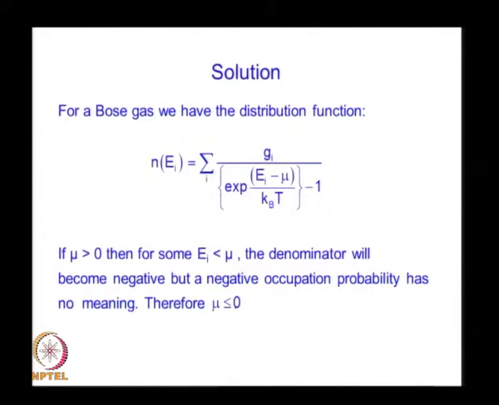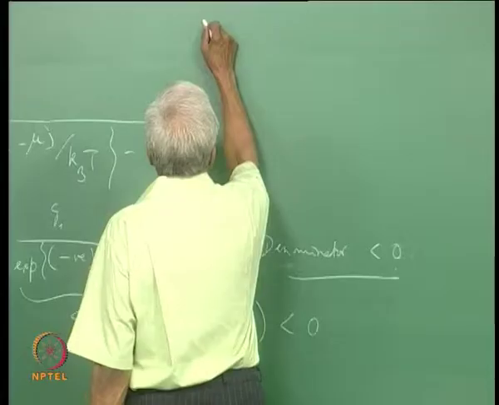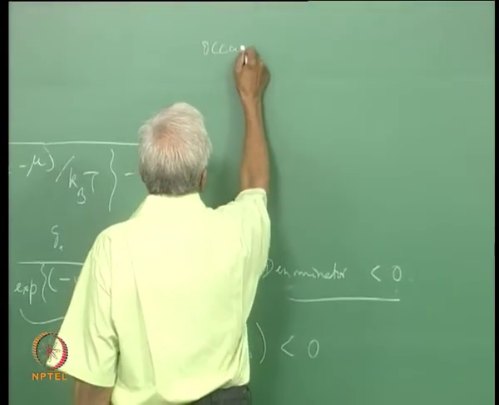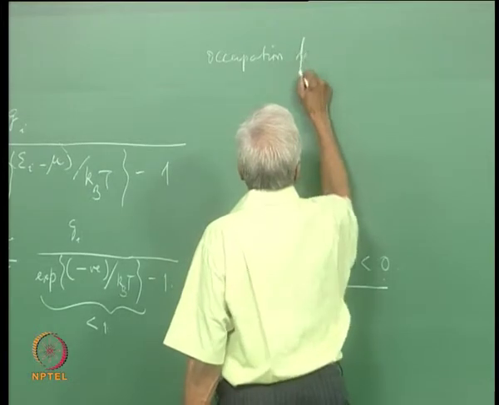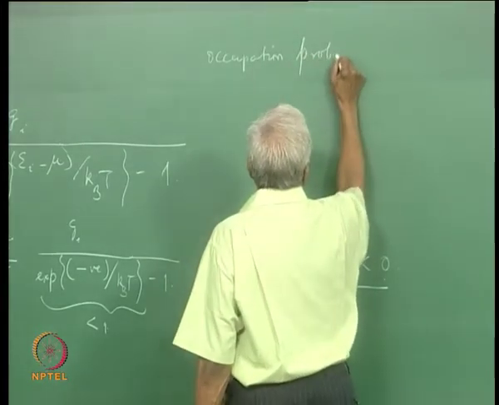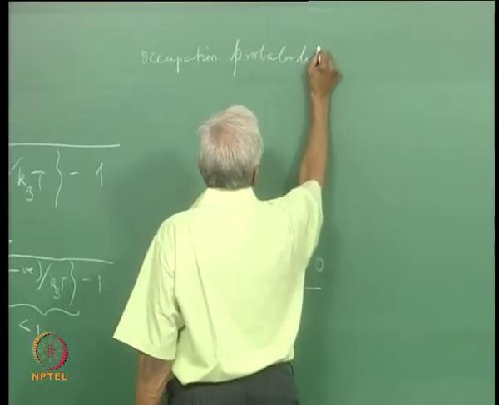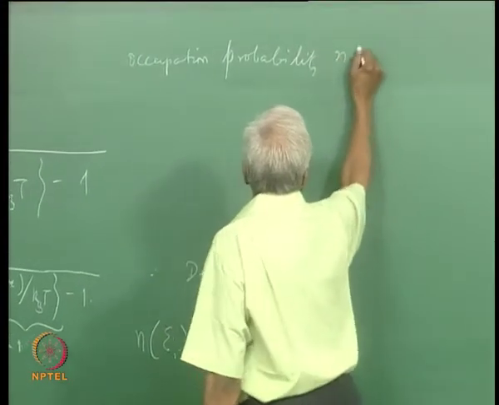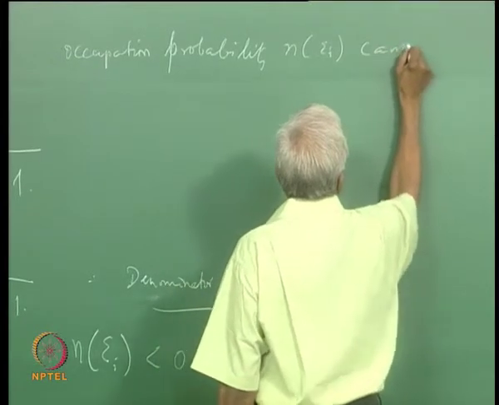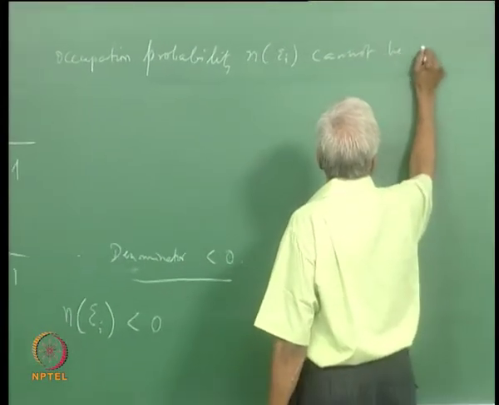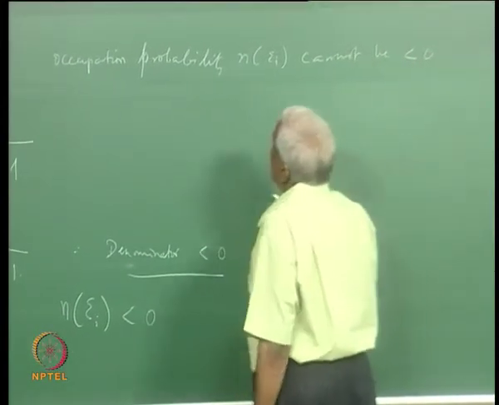but n of E_i is the occupation probability. So, occupation probability cannot be negative. Cannot be less than 0.